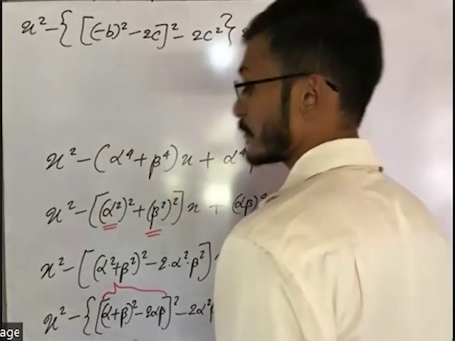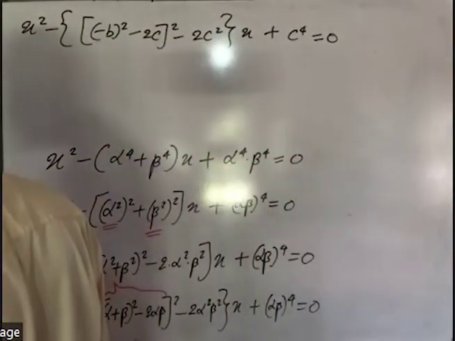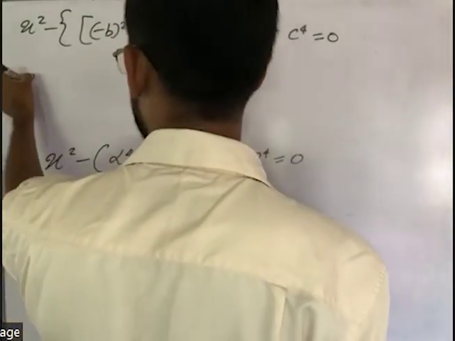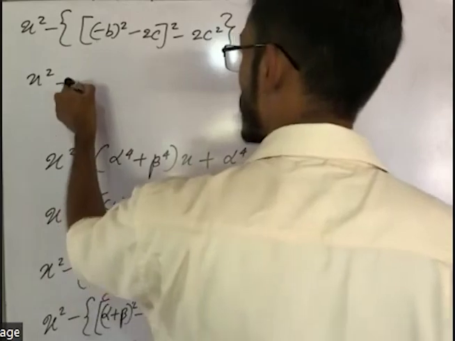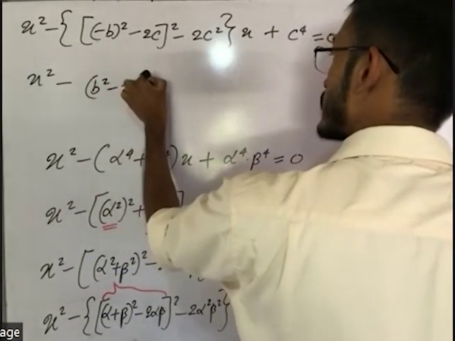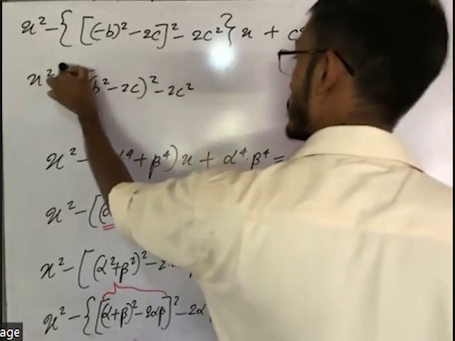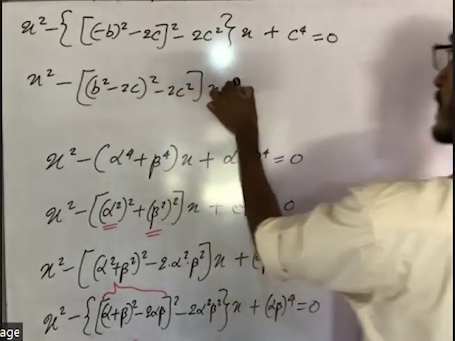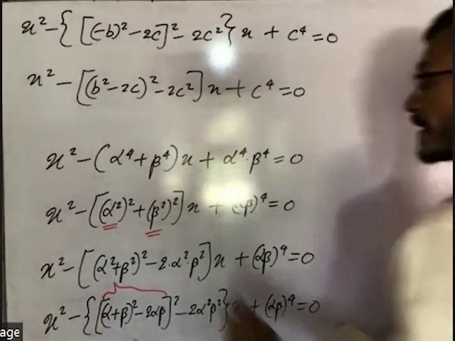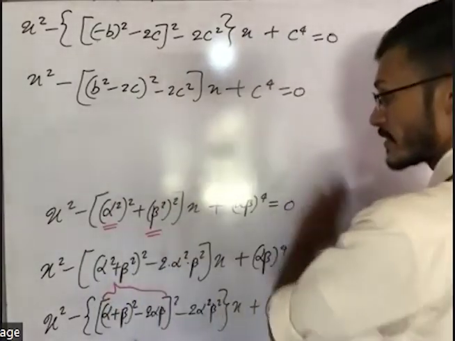Right. So if you simplify this, you will get x square minus b square minus 2c, square of the whole thing, minus 2c square, x plus c to the power 4 equal to 0.